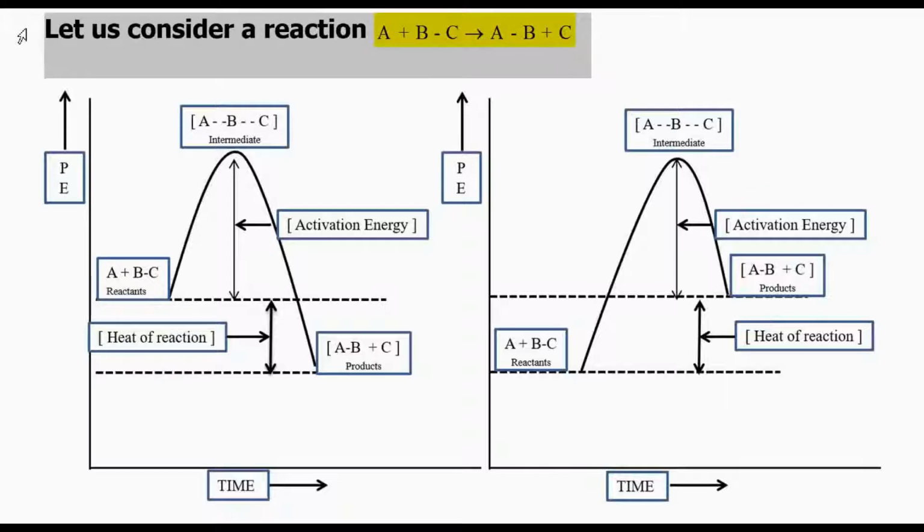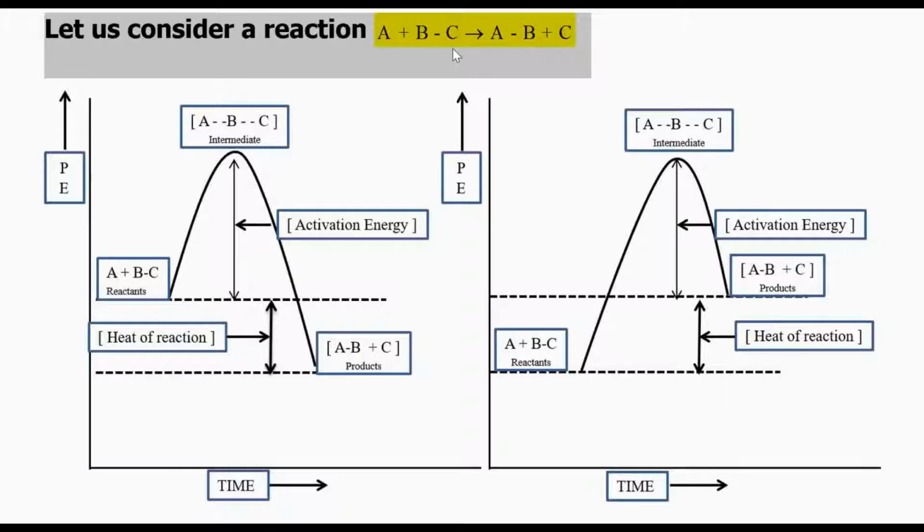A plus B bond C gives A bond B plus C. So let me explain to you the terminology involved in writing this reaction. In this reaction, B bond C is called a BC molecule or a substrate.